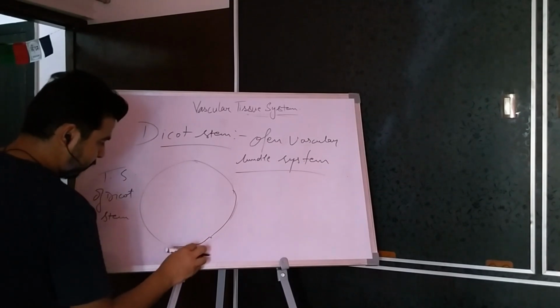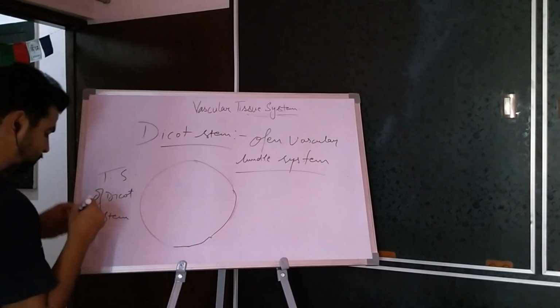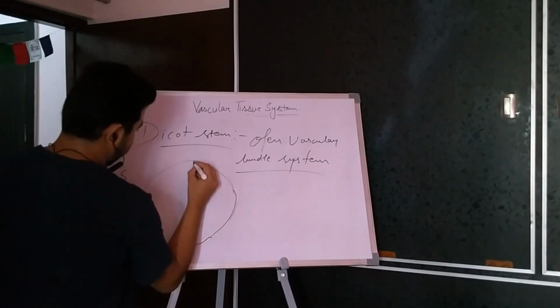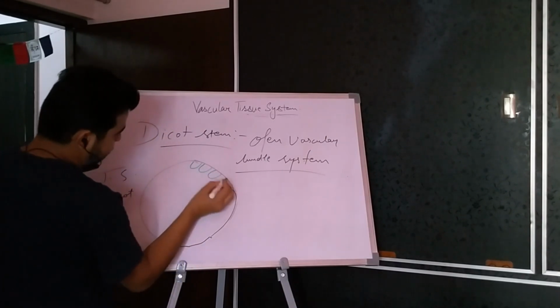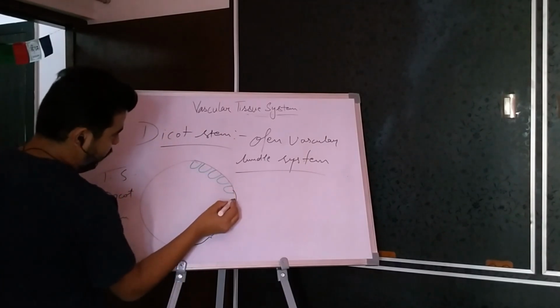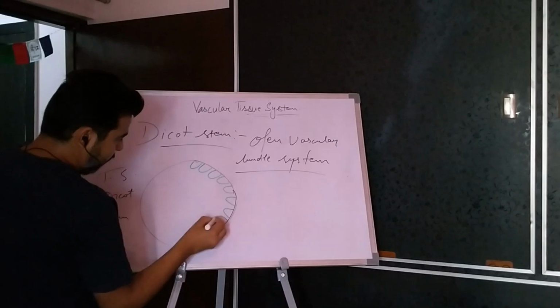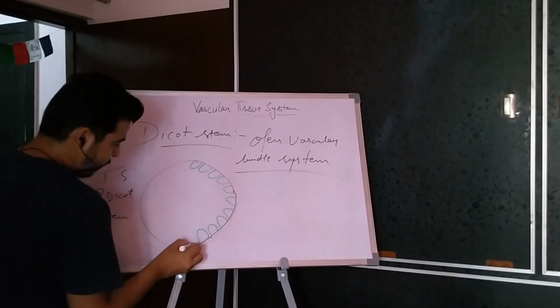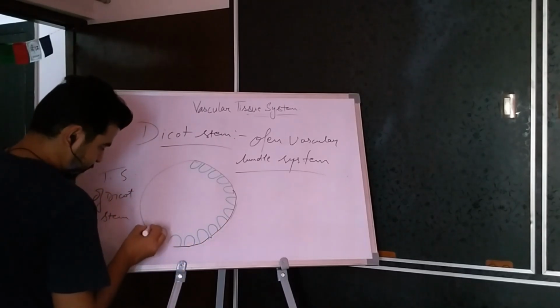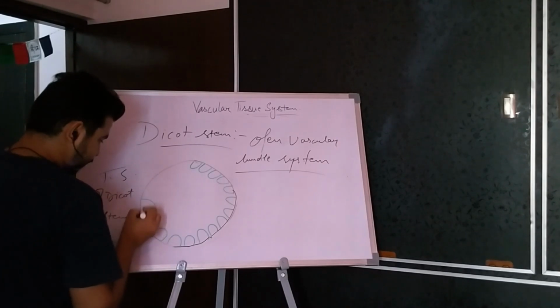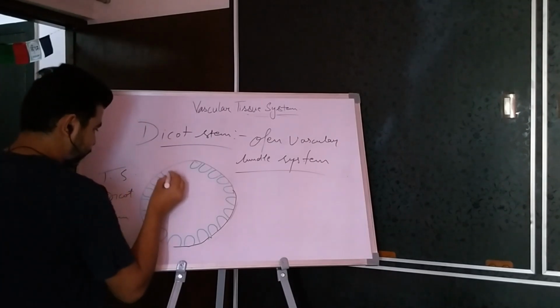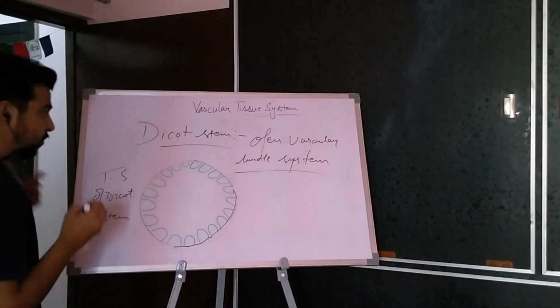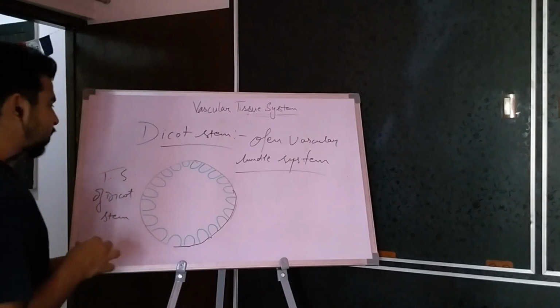This is how the vascular bundles in which xylem and phloem are present are arranged.